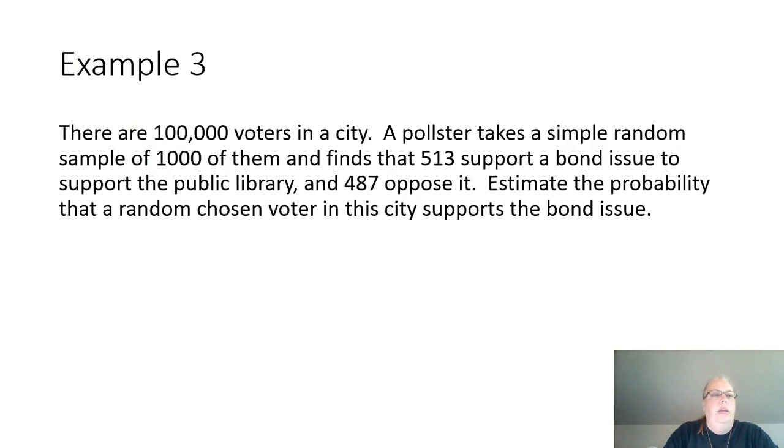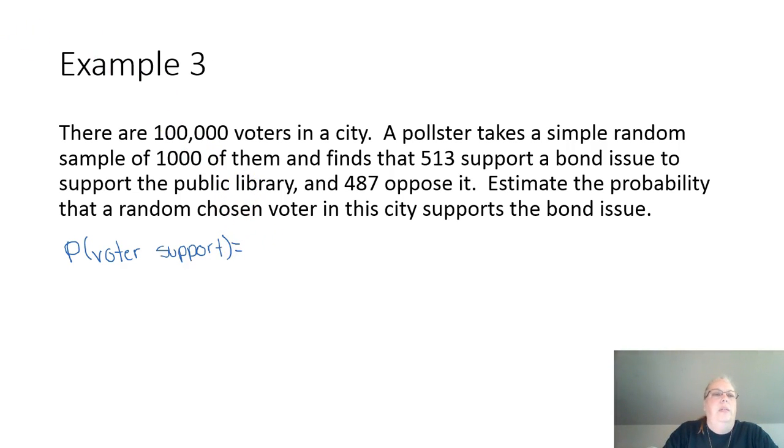Alright, so we are looking for the probability of voter support. And this will be the number of people who support the issue divided by the total number of people in our sample.